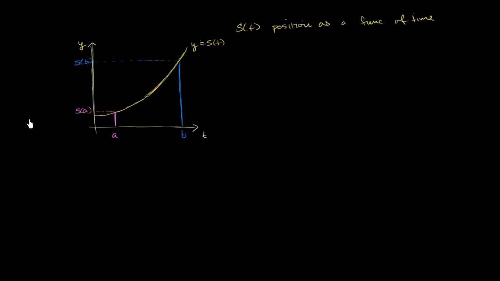So the change in position between times A and B is going to be equal to s of B, this position, minus this position, minus s of A. So nothing earth-shattering so far.